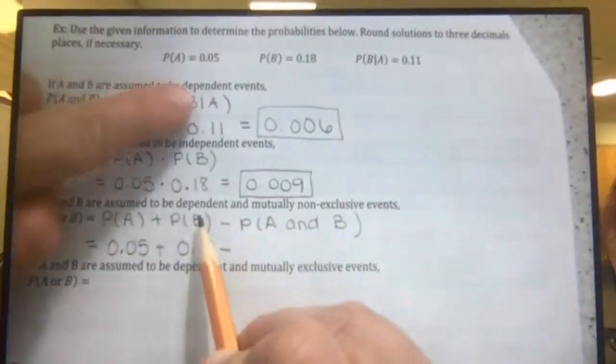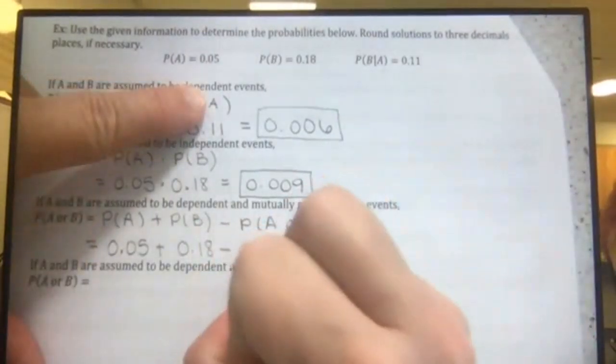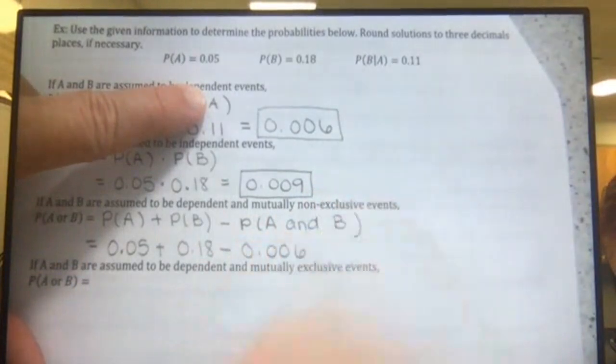It told us dependent, so we're going to use this first one. So minus 0.006.